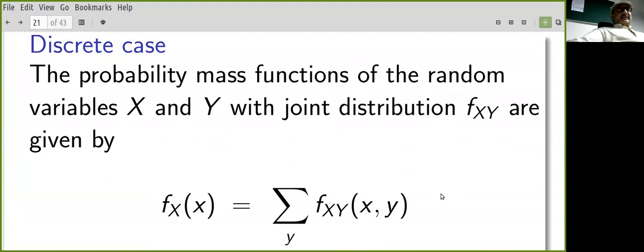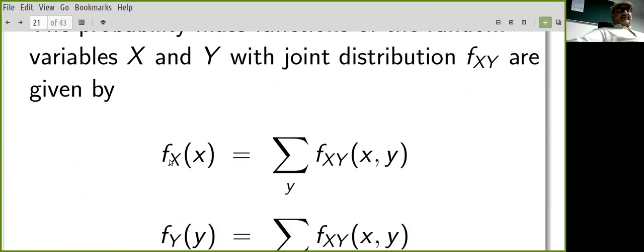So in the discrete case, you do it like this. Supposing that I have the joint PMF, small f sub xy, then I can find the PMF just for x by summing out the y. I take the joint distribution, I sum over all the allowed values of y, and then what I am left with is the PMF just for x.